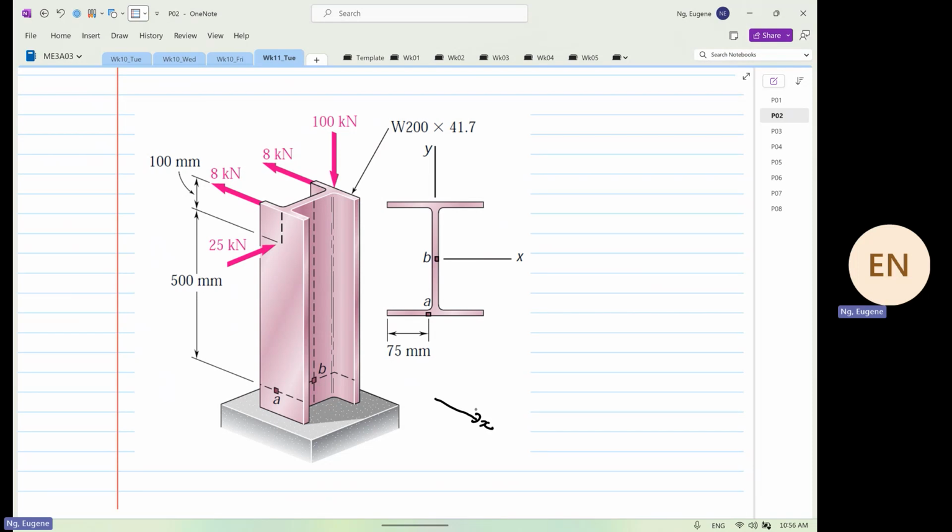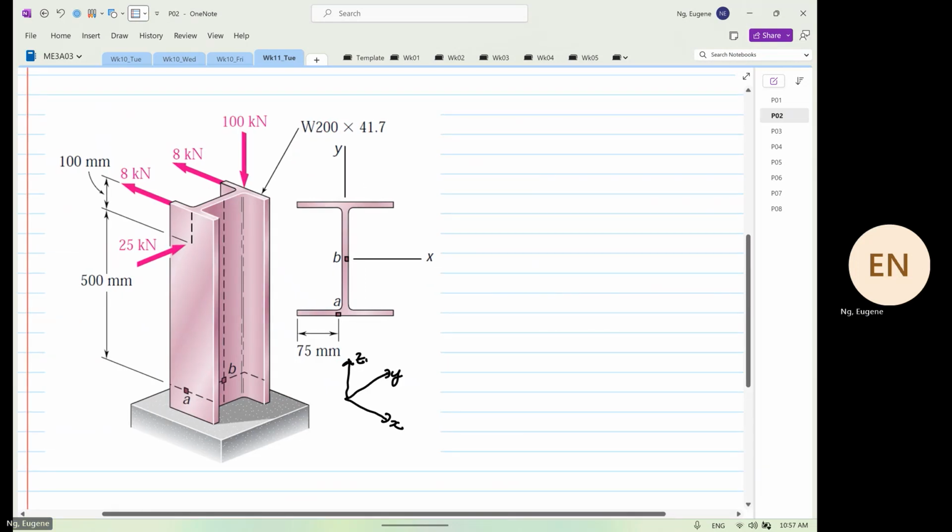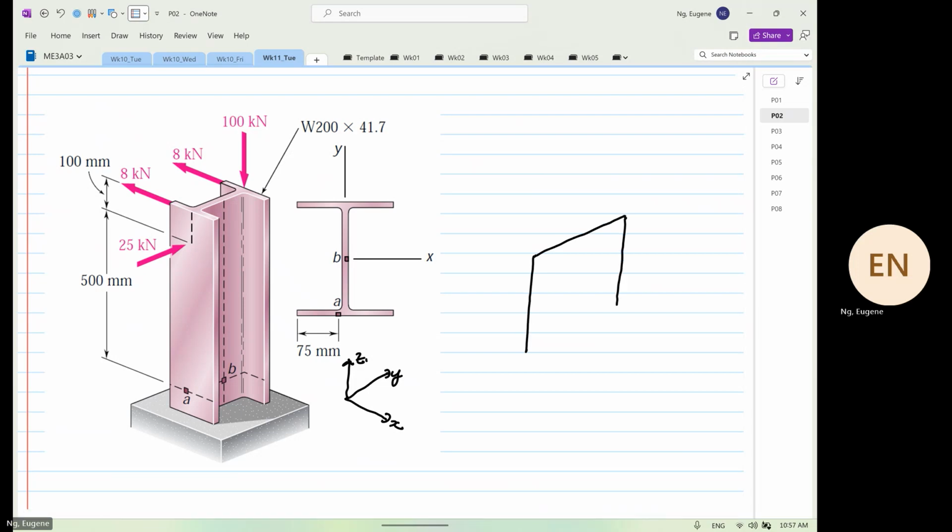So this is our X, this is our Y, this is our Z. This is where we're going to sketch our element. We are aware that we have a compression coming down.